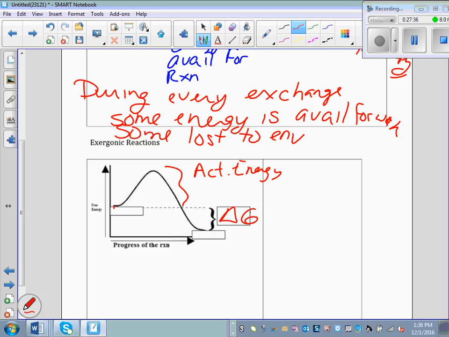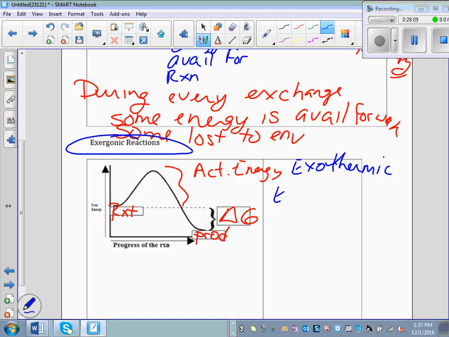So these are my reactants. These are my products. This is where it's a slight change from chem and AP Chem. We call this type of reaction exergonic. In AP Chem, I think you called it exothermic. Tell me something about an exergonic or exothermic reaction. Heat goes out.